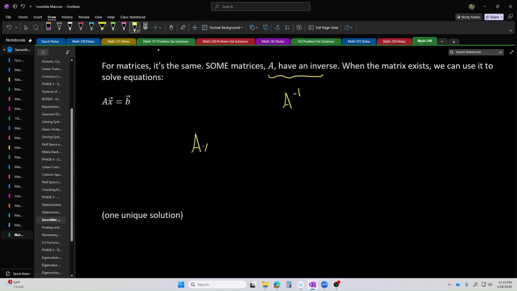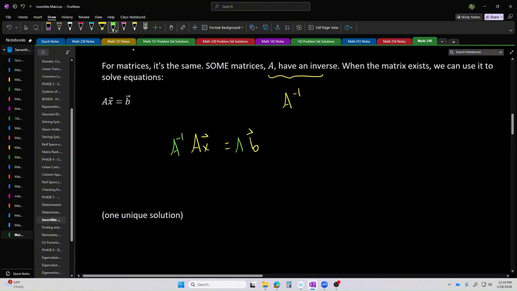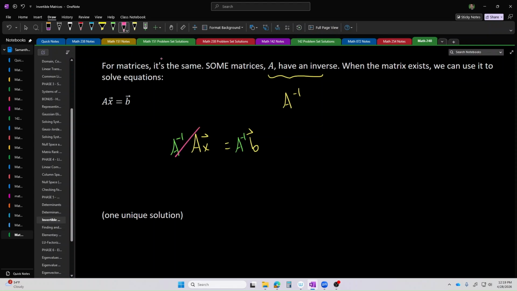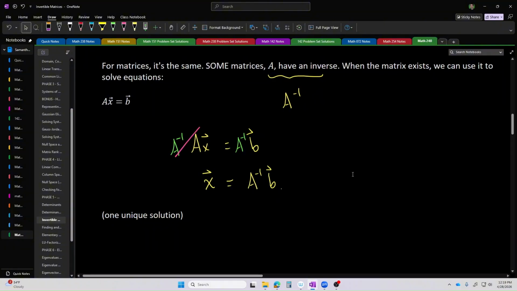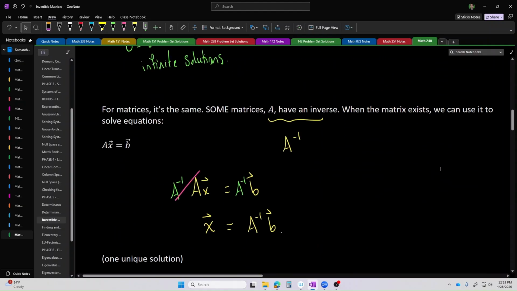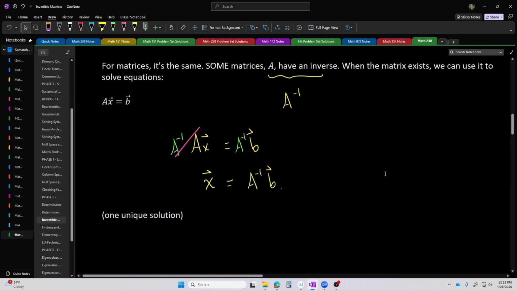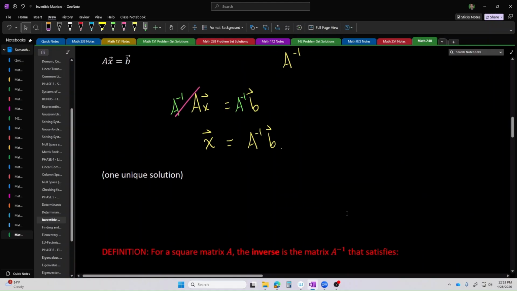If I take AX equals B, and I apply A inverse on the left side and also on the right side of this equation, then the inverse should have the ability to cancel out the original matrix in some way and allow us to find a unique solution, x equals A inverse times B. If a matrix A is going to have an inverse, and if that inverse is going to be useful in the same way that these inverses were useful, this is the kind of properties and utility that that inverse matrix should have.